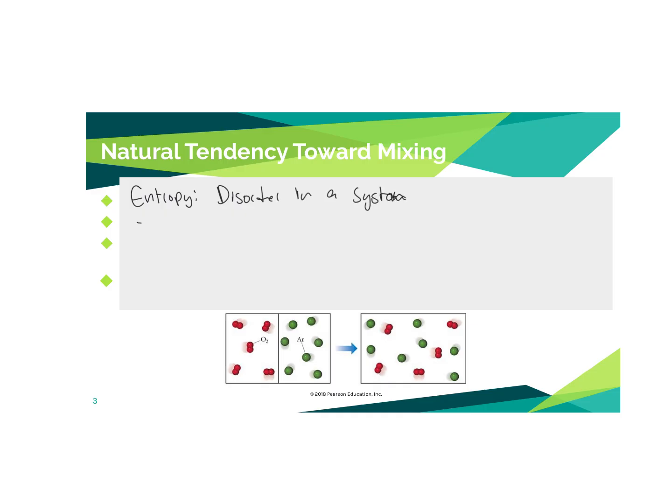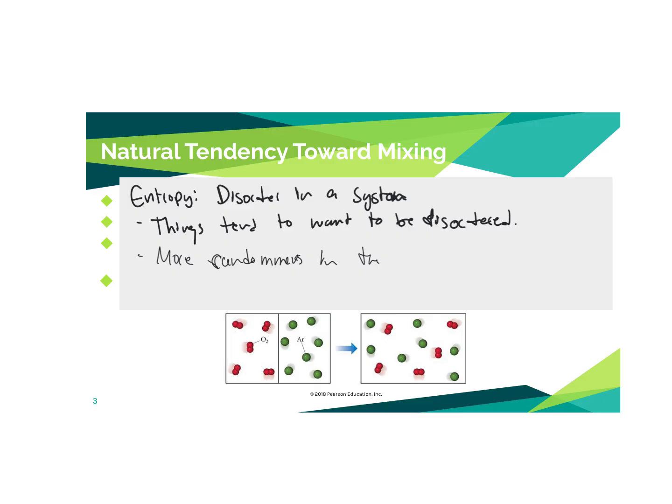But for now, all we need to know is that this is the disorder in a system. And generally, things tend to want to be disordered. And so when we mix solutions, whenever we mix a solute into a solvent, this causes more randomness in the position of molecules, which increases disorder, otherwise known as entropy.